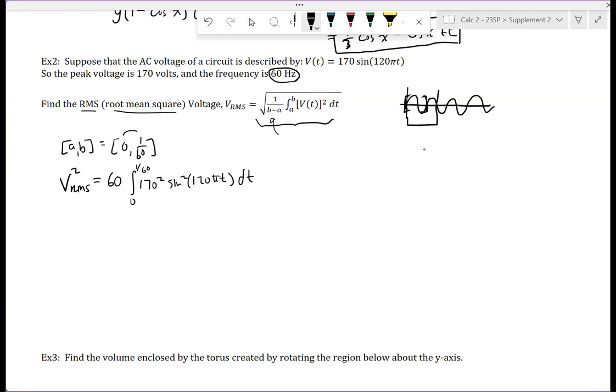So I see I can pull these constants out. I'm just going to call these constants k, so I don't have to keep writing them. So here k is 60 times 170 squared. Okay, so I need to integrate a sine squared.